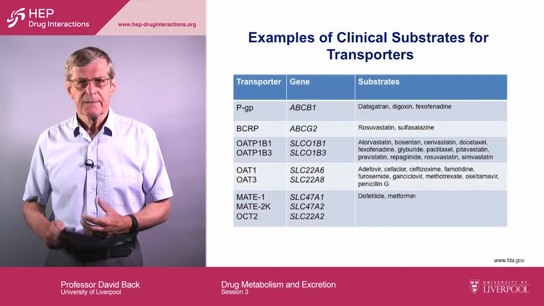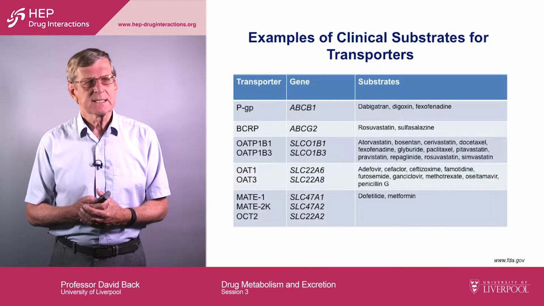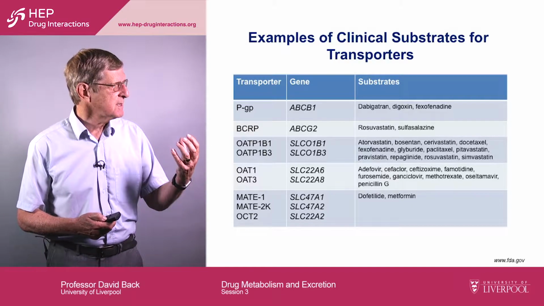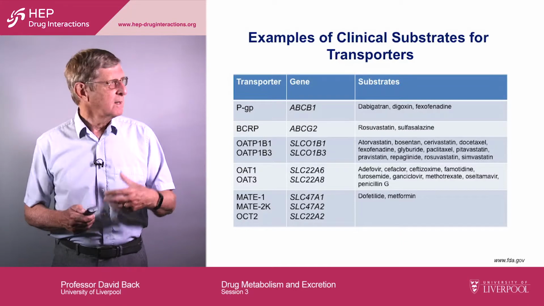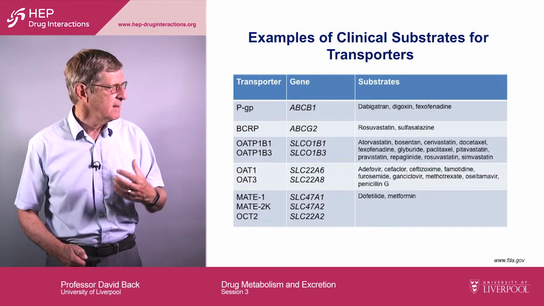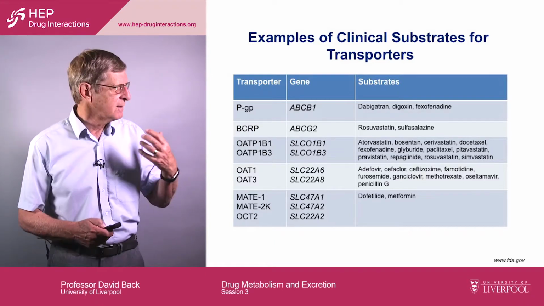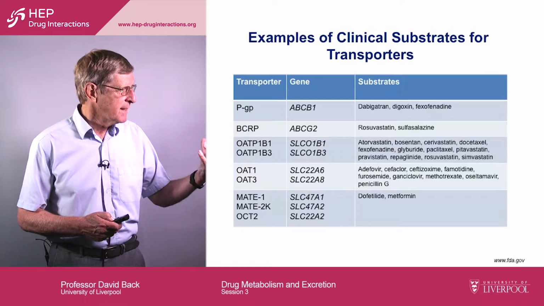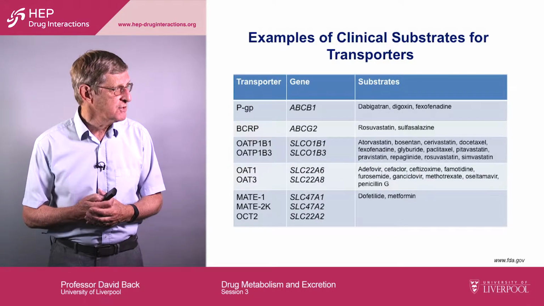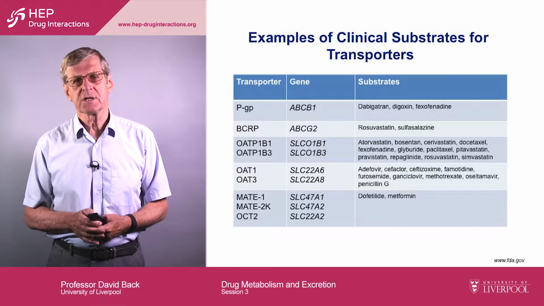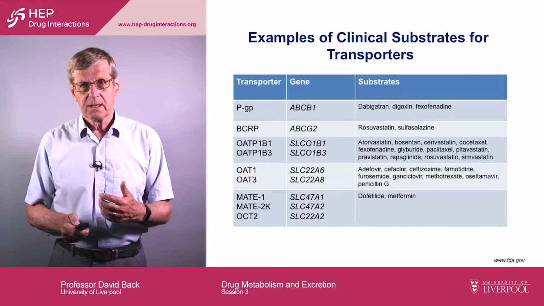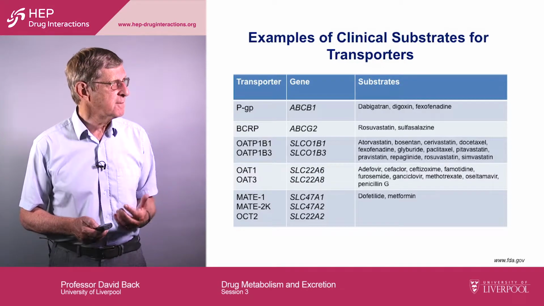So again, just giving an overview of some of the examples for these different transporters. Listed are the transporters in the column headed transporter: P-glycoprotein, BCRP, OATP, down through OAT and MATE1, MATE2 and OCT. And you look at the gene nomenclature as well. If you're interested in the gene nomenclature, that is also something that will be seen in different publications and vehicles of drug information.